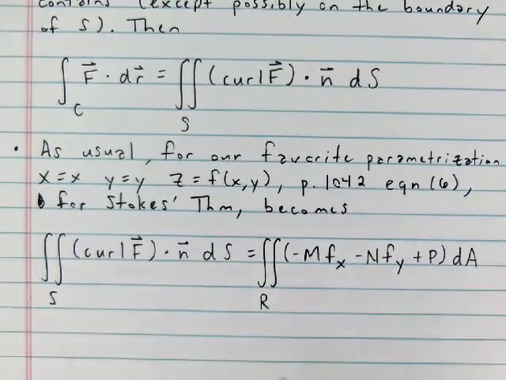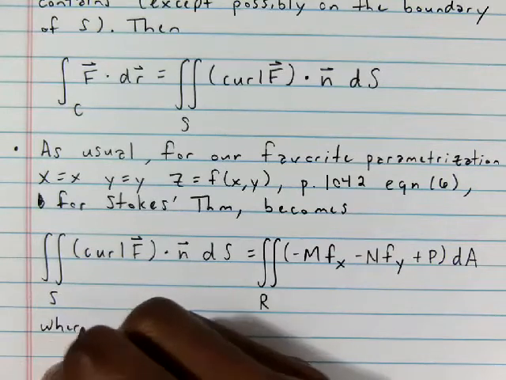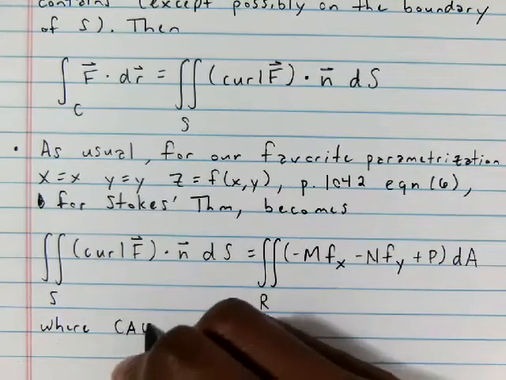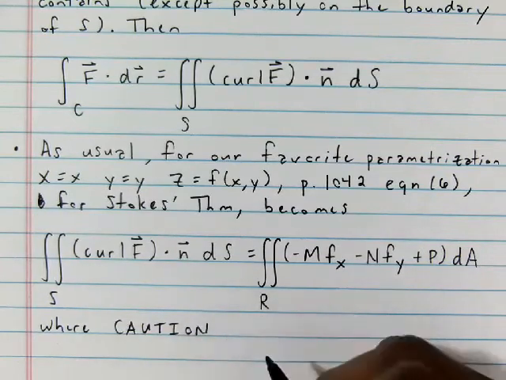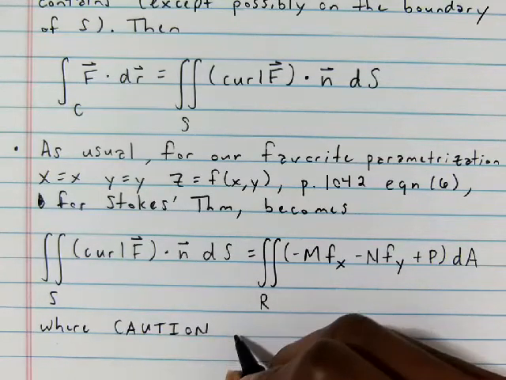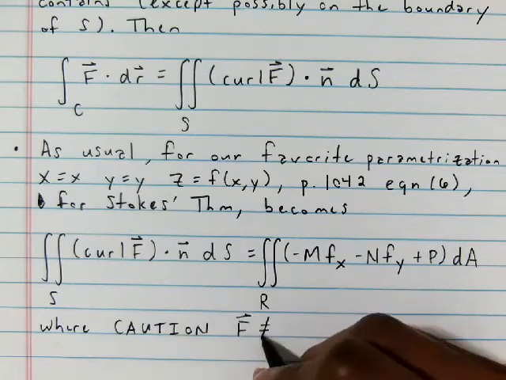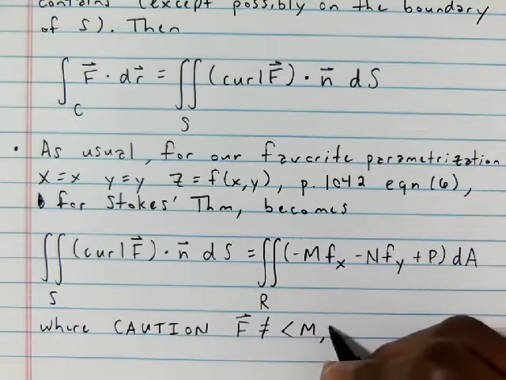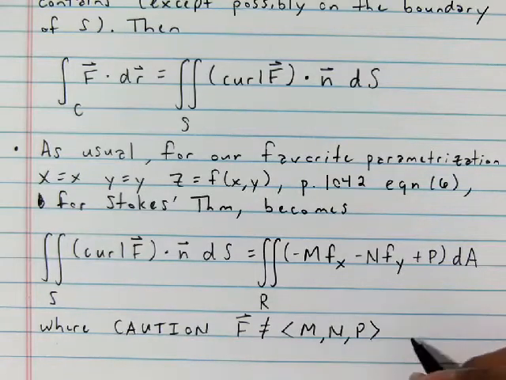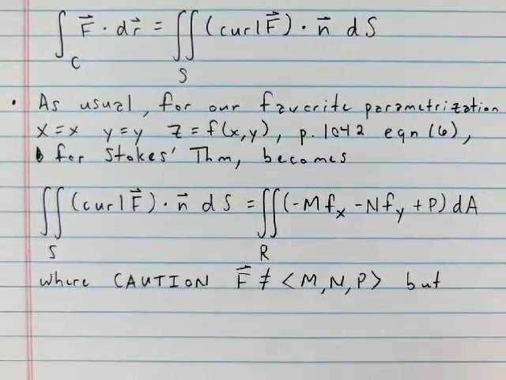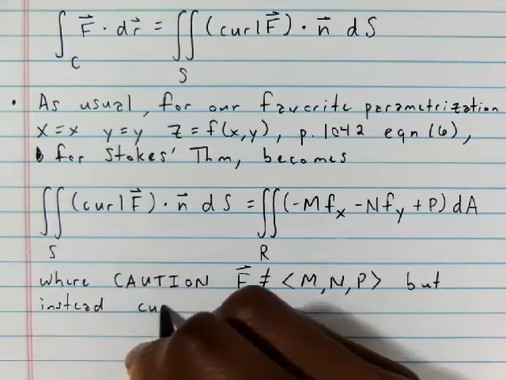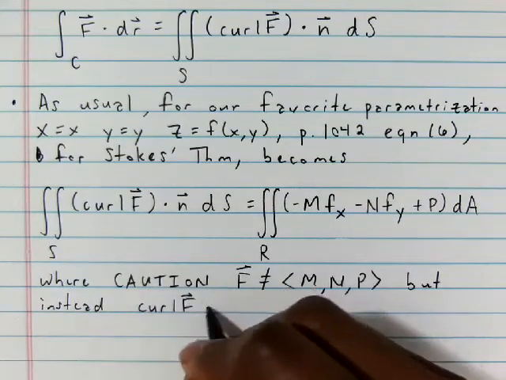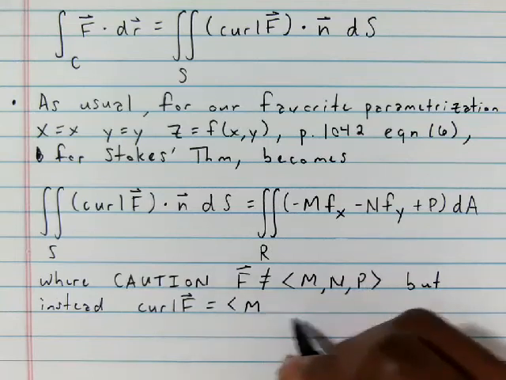So, caution: F is not equal to MNP, but instead curl of F is equal to MNP.